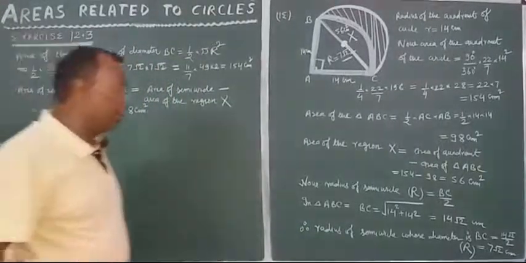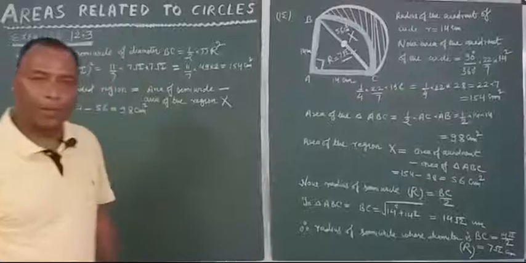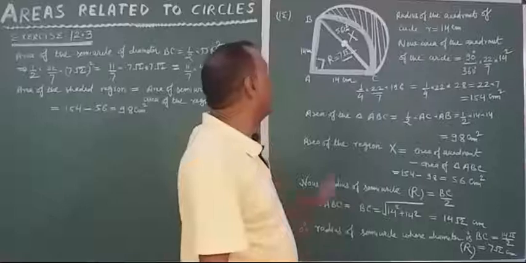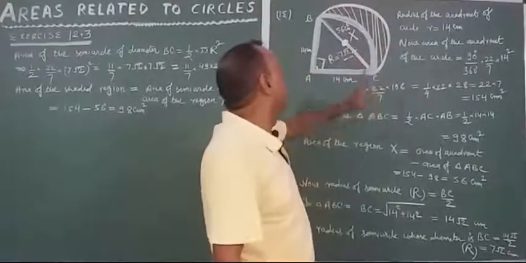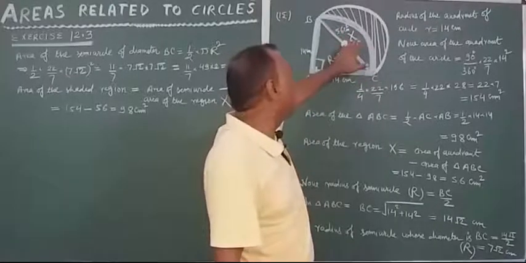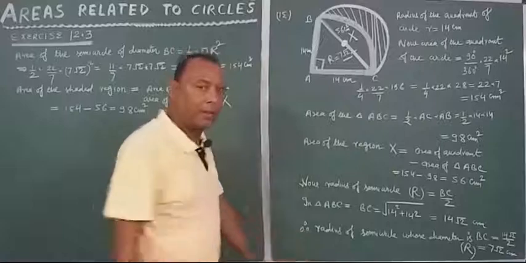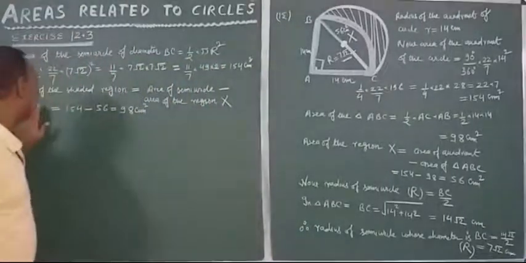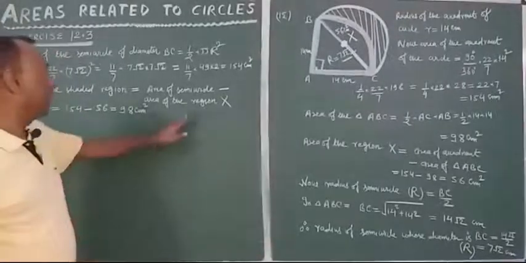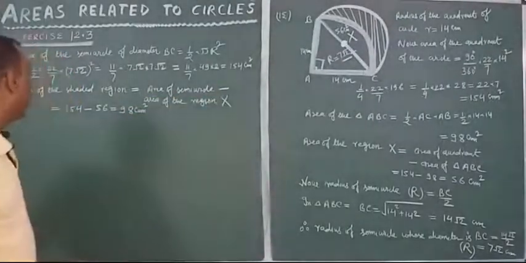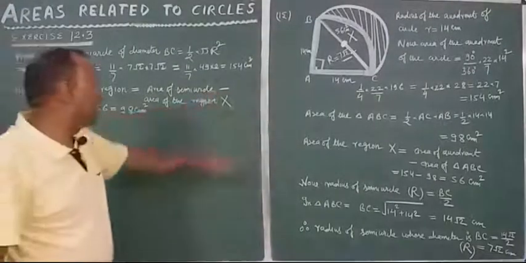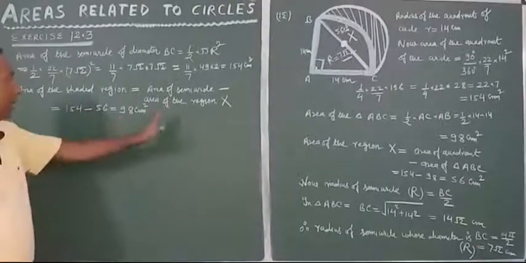Question was this, find the area of shaded region. So what is the area of shaded region? That will be area of this semicircle whose diameter is BC minus this area which is marked by capital letter X. So the area of the shaded region will be area of semicircle minus area of the region X. 154 was the area of semicircle minus region X, what was the area? 56.